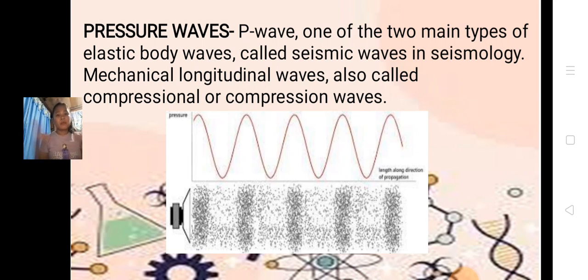So naga-compress siya. Mao na siya ang ginatawag na pressure wave. On the other hand, mechanical vibration pushes air molecules back and forth, and they push neighboring molecules and so on. Mao na siya ang topic. It is all about physics. That's all. Thank you.